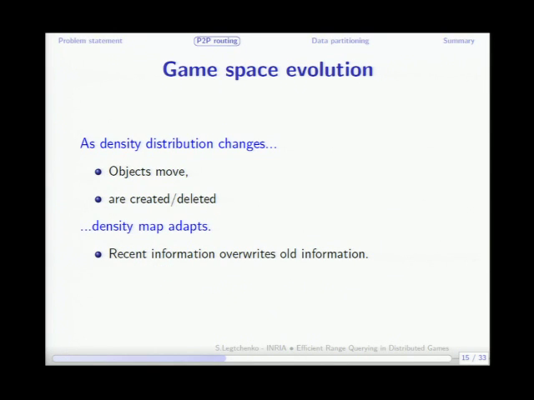Since this distribution is dynamic, because points of interest inside the game can change and objects can be created or removed, the density map inside each peer adapts by overwriting old information when new information is available.